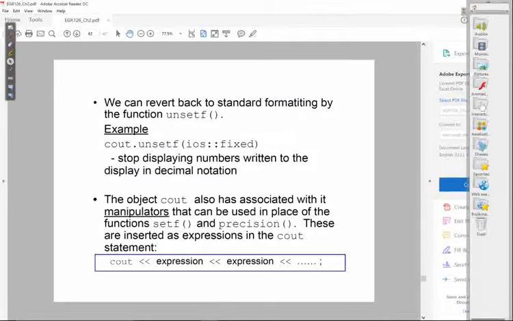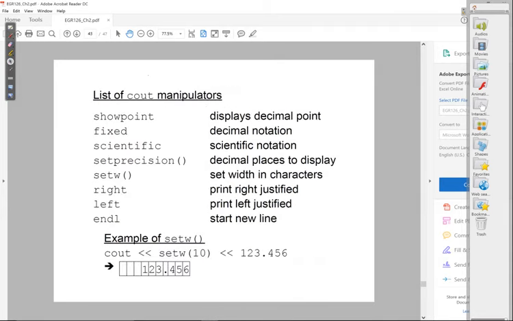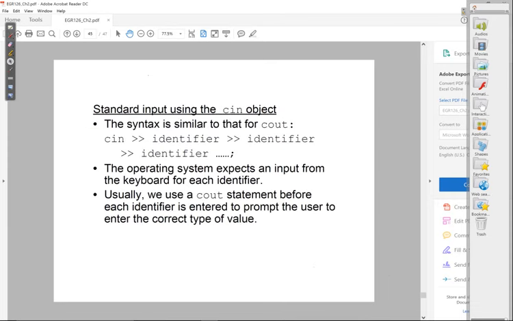With cout you use the less than symbols; with cin, all you do is replace the less than with greater than. But cin does work a little differently. Cin is used with identifiers, which are basically variables.